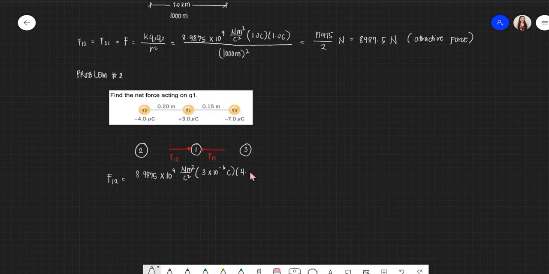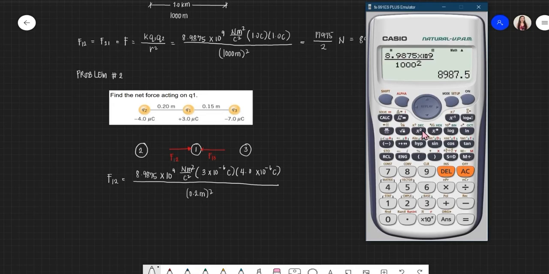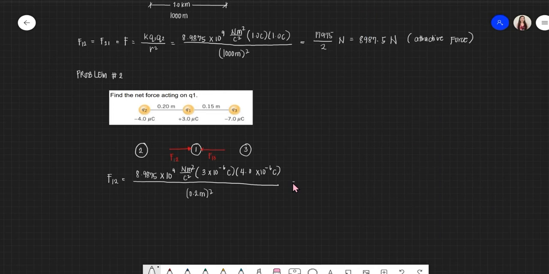So absolute value, that's 4 times 10 to the negative 6 coulombs, divided by the distance between them, which is 0.2 meters. Multiply this by 3 exponent negative 6 times 4 exponent negative 6. So that's 2157 over 800 Newtons.